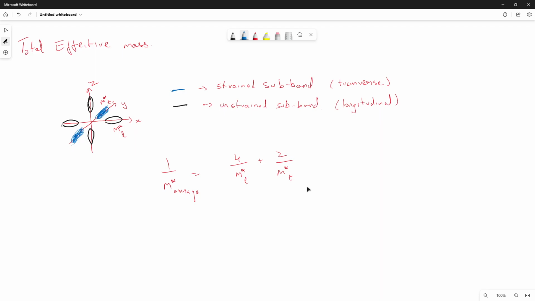What will happen to M average? It will become ML by 4, correct? Yes, sir. If M transverse tends to infinity, this term will vanish. So from ML by 6, my effective mass has increased to ML by 4. But if M transverse is smaller than ML, what will happen?